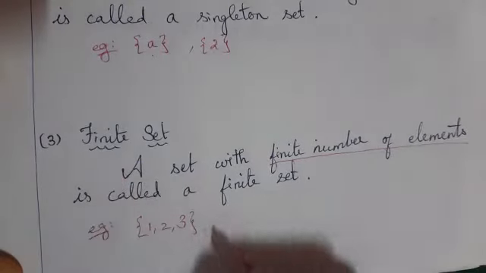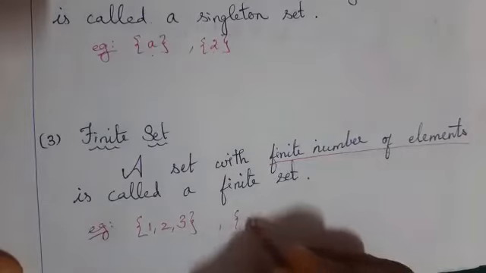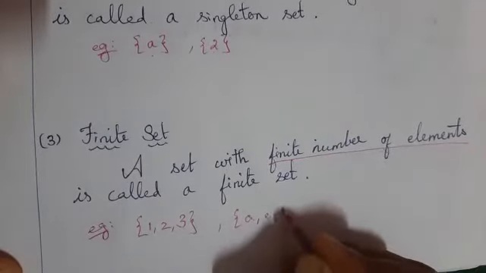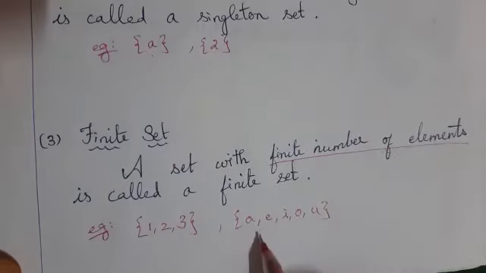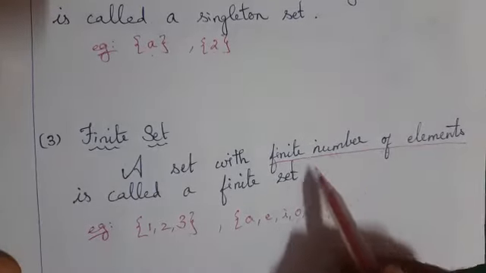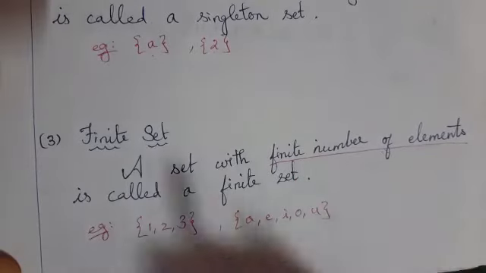That is a finite set. Another example, if you take A, E, I, O, U, what are the elements inside the set? A, E, I, O, U. How many elements are there? 5 elements. You can count the elements. Therefore, a finite number of elements is called a finite set.